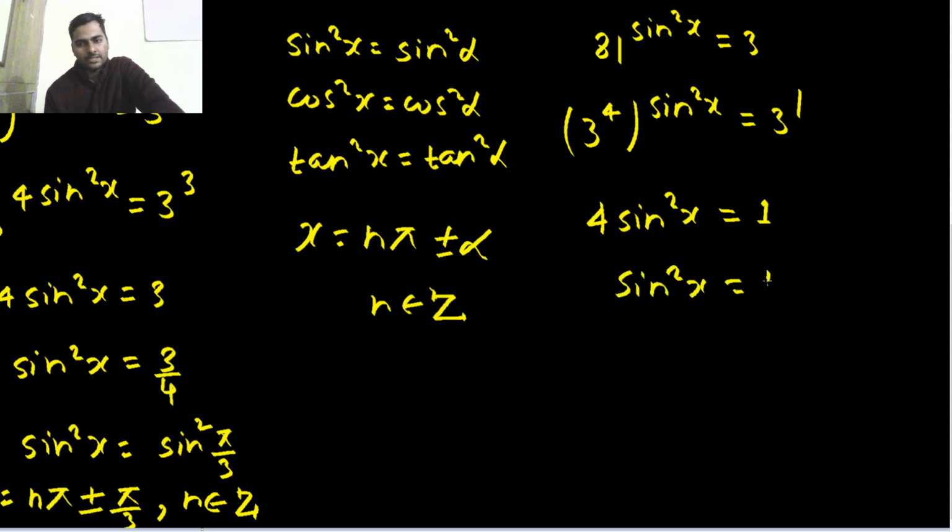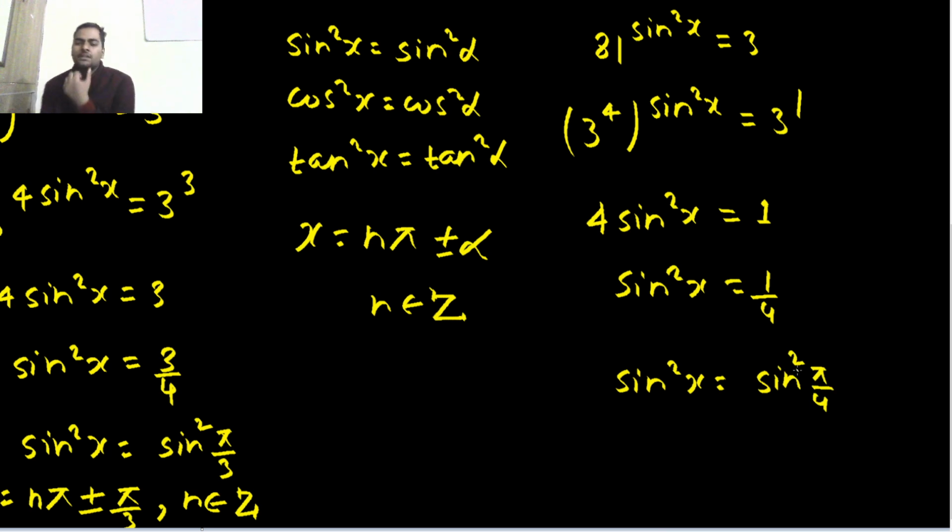Sin²x equals 1 by 4. Now can I write this as sin pi by 4? No, I don't think pi by 4. Any other angle? Yes, pi by 6. Sin pi by 6 is half. Half square is 1 by 4.